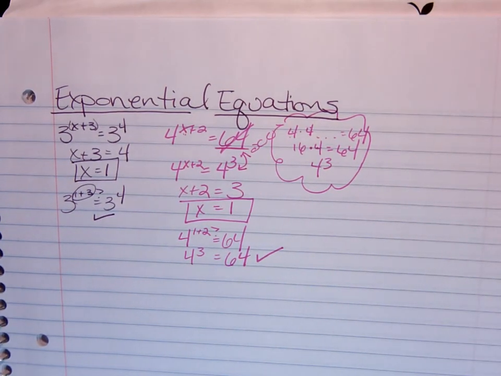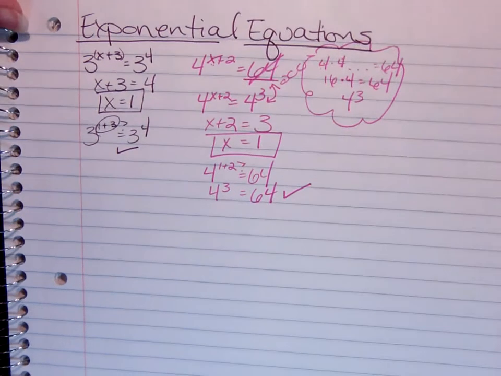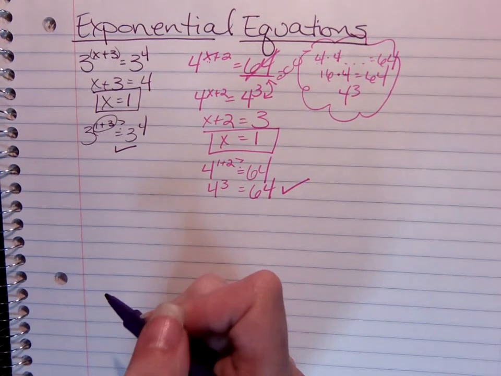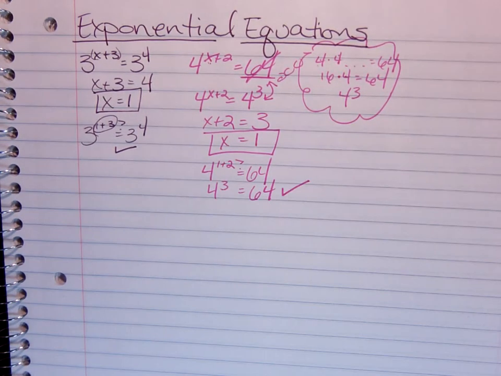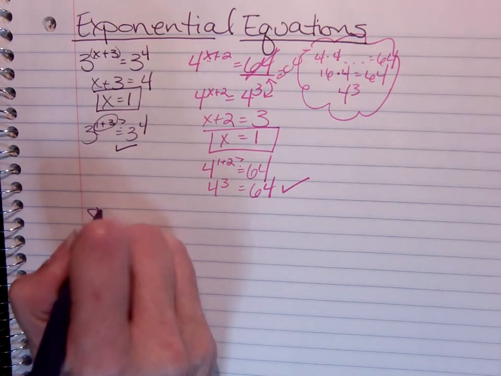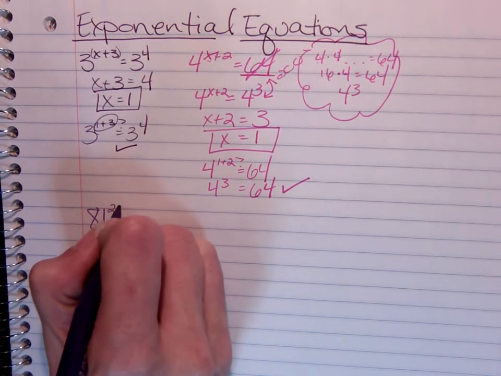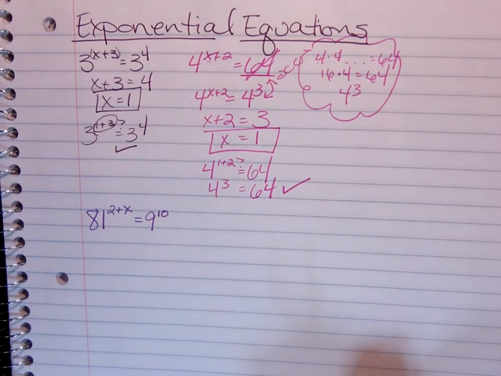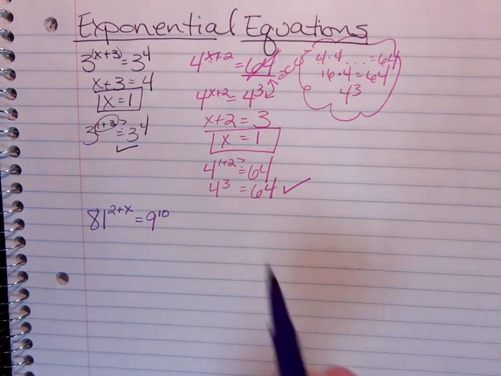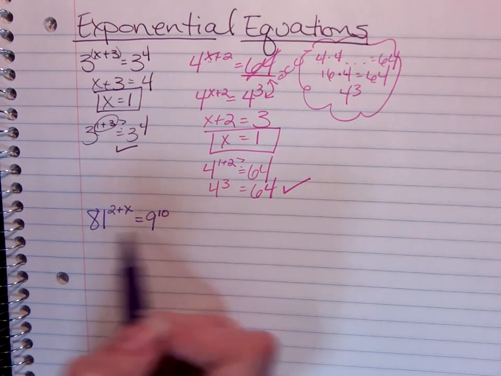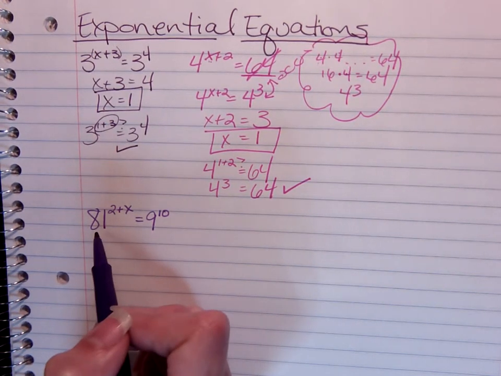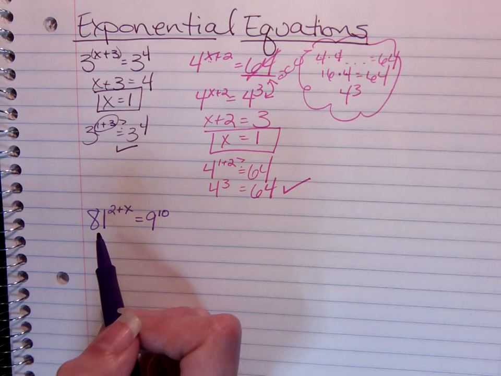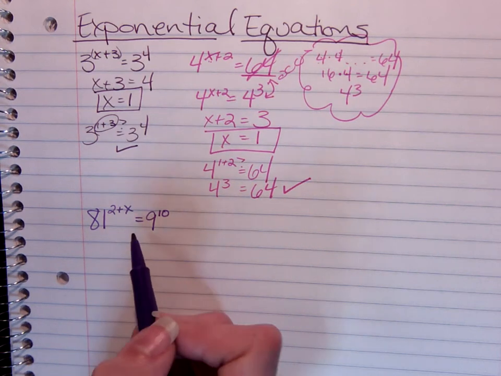Well, so far we've always had 1 base equal to a number. What if both of our expressions have a little bit more going on than that? 81 raised to the 2 plus x is equal to 9 to the 10th. Well, we're always going to try to look at the greater value base and see if it can be rewritten as a power of the smaller one, or the least one.